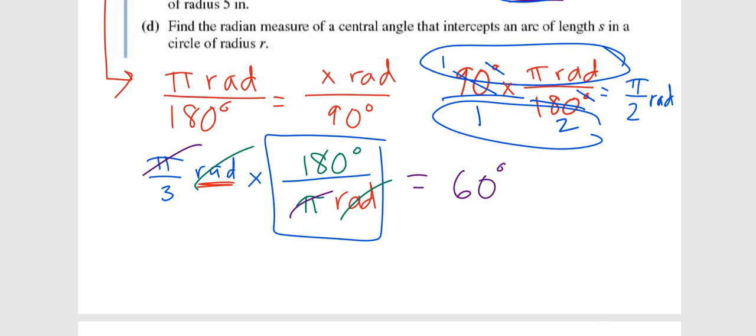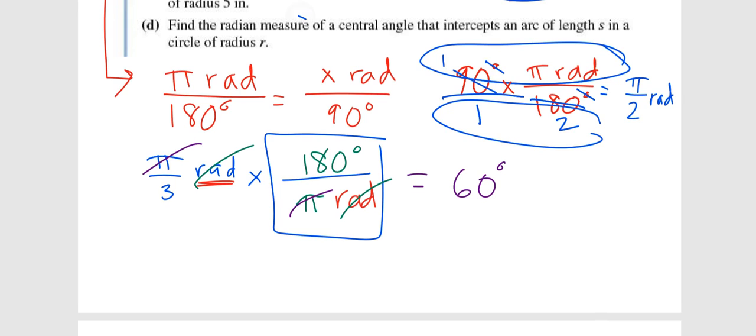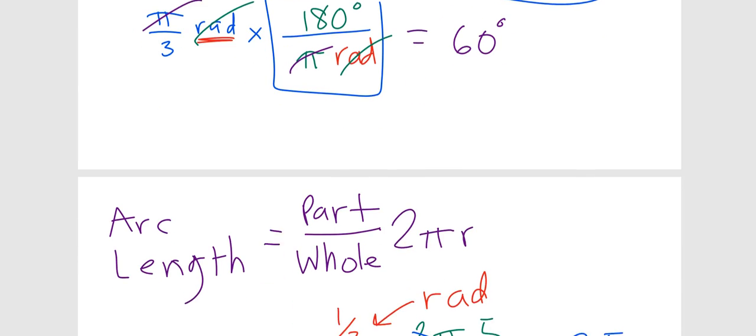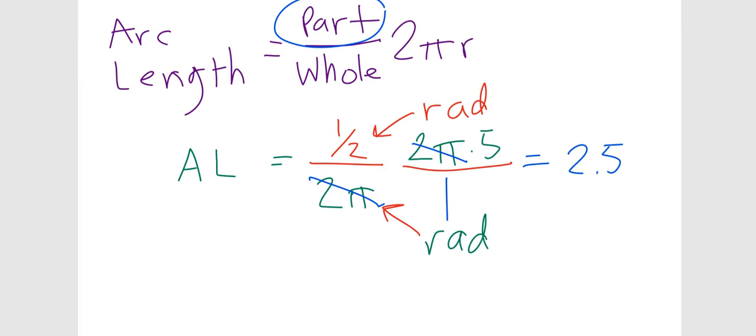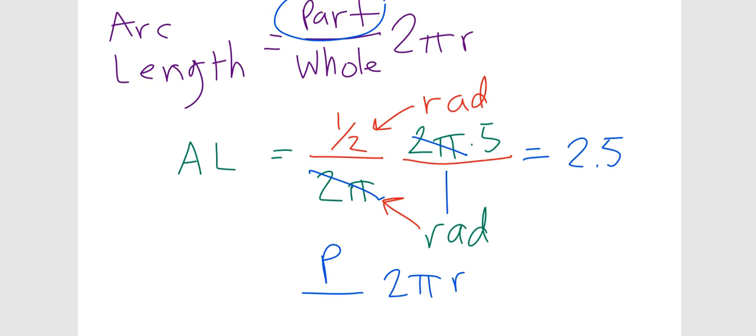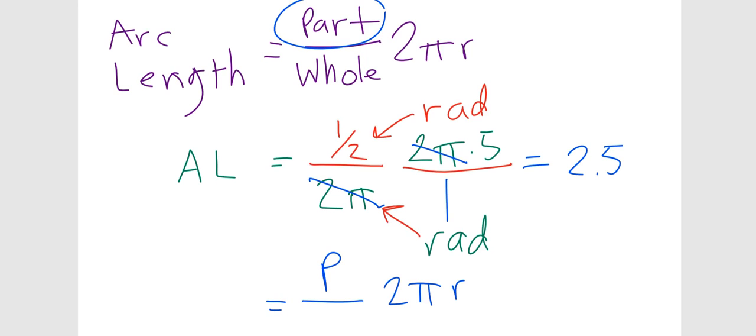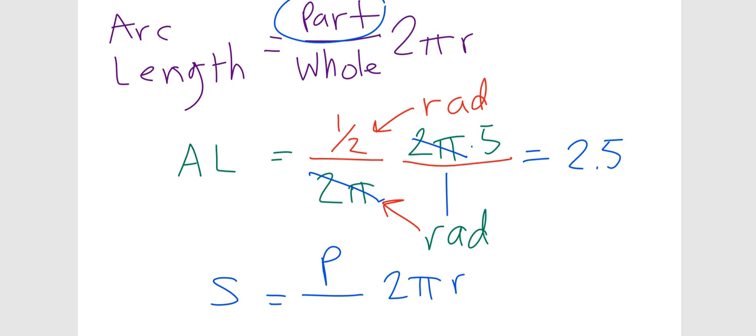When they say find the radian measure, they're looking for this part right here, so I'm just going to use capital P for that. They told me that the radius was r, which is pretty generic, and they told me the arc length was called s. Also really generic.